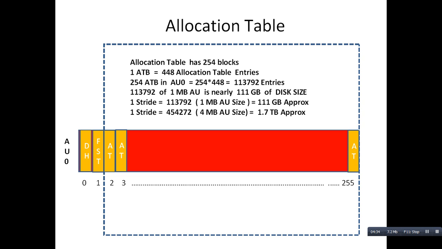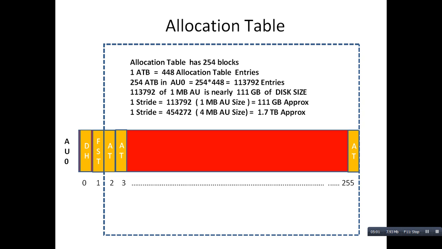But what if we have a disk with a huge size? In that case, we need multiple allocation tables. One stride can be defined as 113,792 entries. This is called one stride.